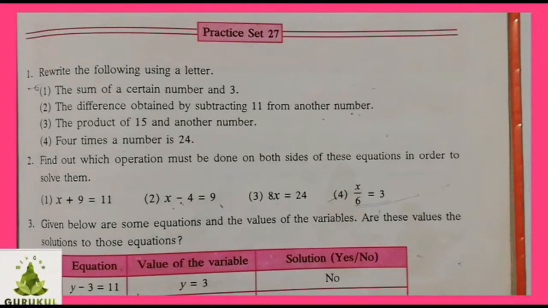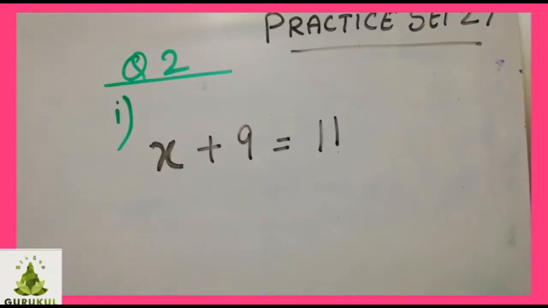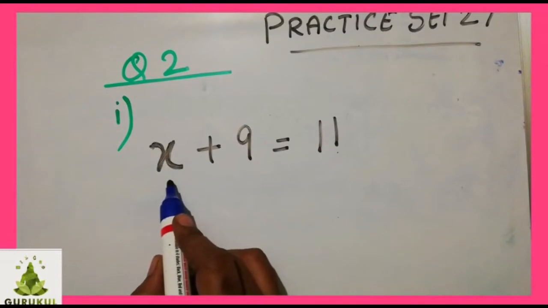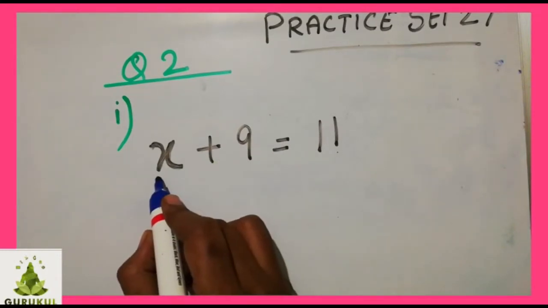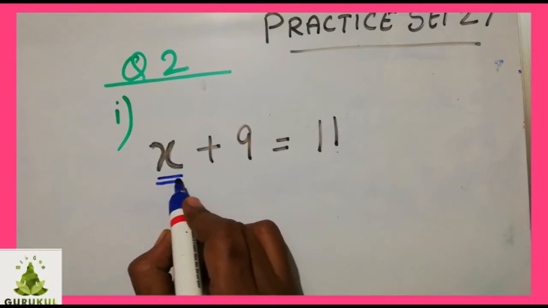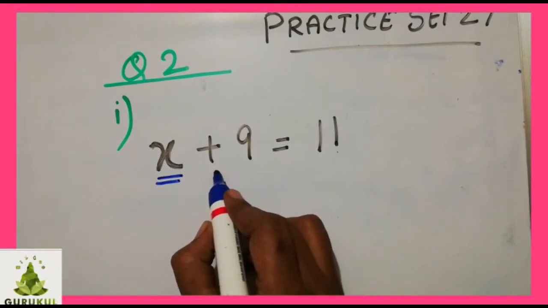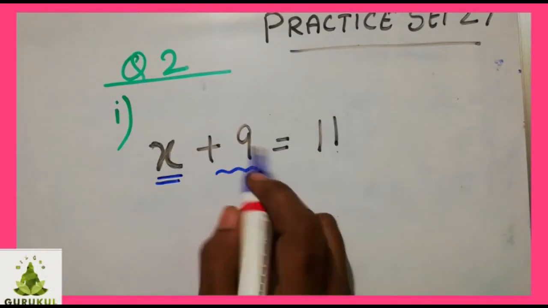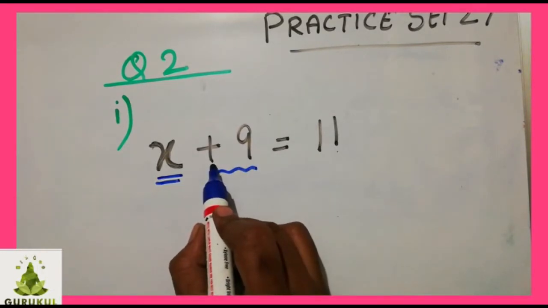x plus 9 equals 11. Now here x plus 9 equals 11 is given. We want to find the value of x. Already one example I showed you. If I want to find x here, I will keep x here, and I don't want this plus 9 here. So what should I do? Take the opposite of this number. What is the opposite of plus? Minus.